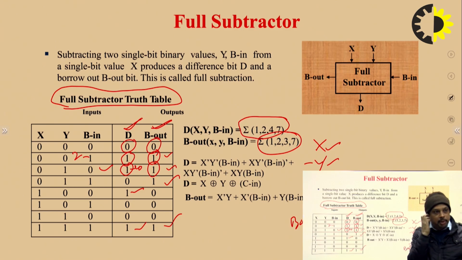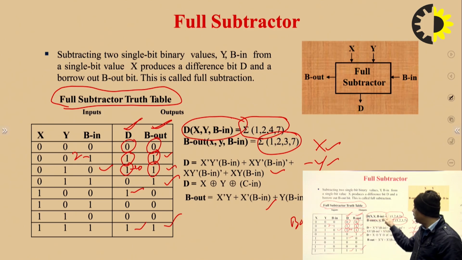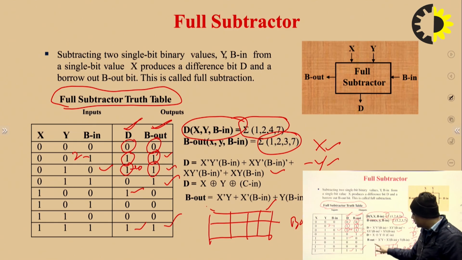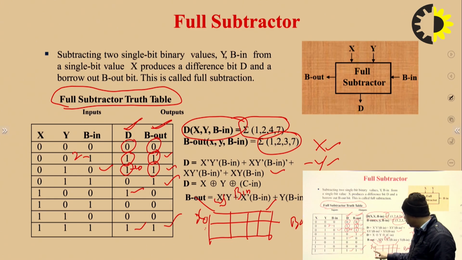Now with the help of a basic K-map, we are able to make the difference and borrow combination as well. Let's suppose we have to solve for D. So we have the input for a 3 variable K-map like this. We have a variable X over here, Y and B in, 0, 1, 0, 0, 0, 1, 1, 0 and 1, 1, and we have the inputs 0, 1, 2, 3.